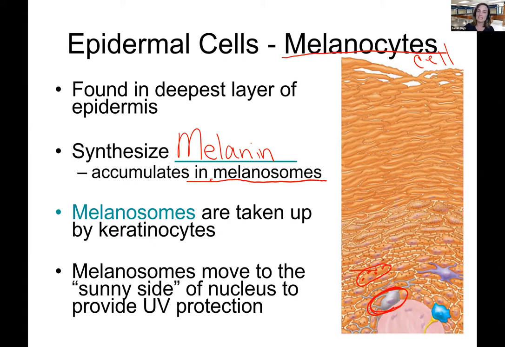So the melanocyte makes the melanin, puts it in a vesicle, and then lets keratinocytes take up the melanin. And so now these keratinocytes, which make up the majority of your epidermis, are protected from UV rays. So remember, this is the pigment that when UV rays hit your skin cells, those little vesicles of melanin move to the sunny side of the nucleus and shade it out, creating a little sunshade.